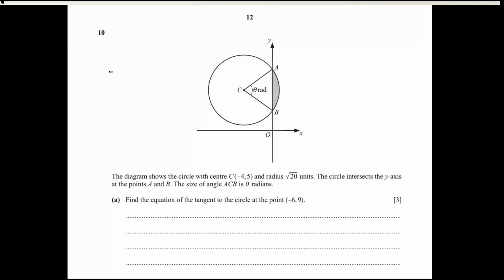So first, won't you just make the equation of the circle? Okay. And how do I make the equation of the circle? Because you have the center C and the radius.